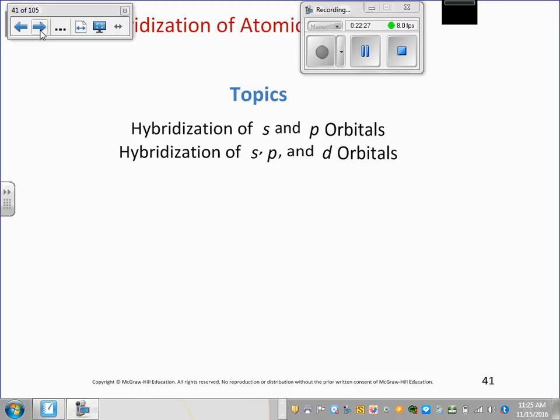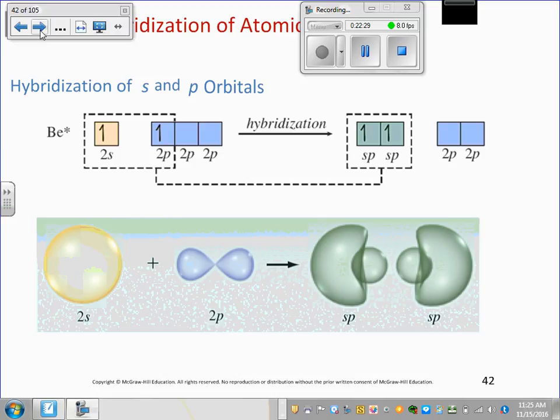So we're going to hybridize. Here you have beryllium. If you remember the VSEPR video, some of the earlier slides, we know beryllium, or BeH2, is an exception to the octet rule.